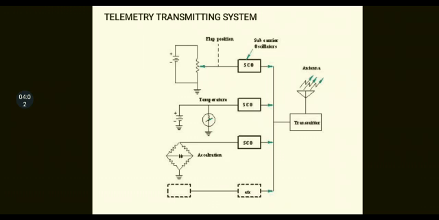You can see different subcarrier oscillators, around 3 or 4 depending on our requirements. One is for measuring position, the other for temperature, the other for acceleration, etc. Which parameter is required by the receiving end, we don't know, but all these things are possible with the transmitting device.